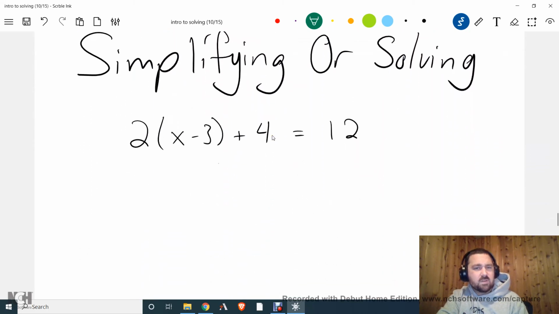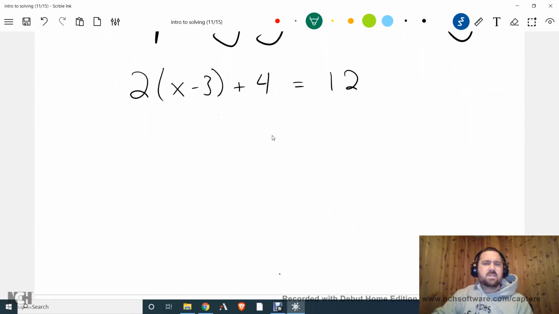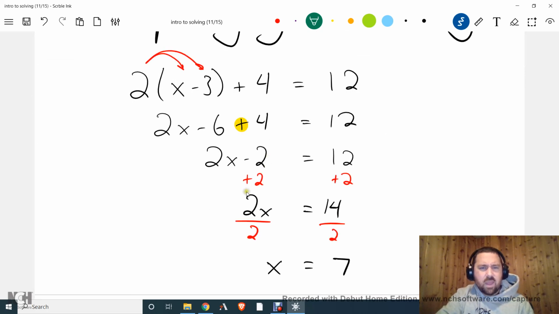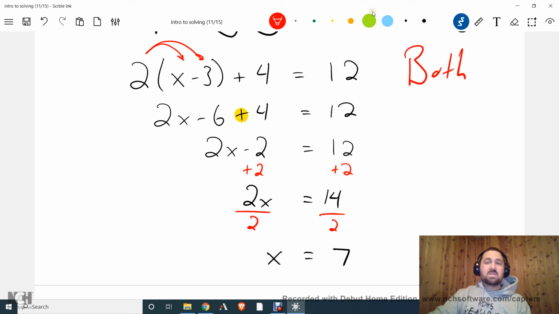Let's look at one more, simplifying or solving. So here we go. Here's 2 times x minus 3 plus 4 equals 12. Okay, so it starts with distribution. And then right here, it looks like they're combining like terms. Those things seem like simplifying. But then, oh, then we shift into using inverse operations and finding the value of x. So in this case, we would say that this person is doing both. This person starts with simplifying.